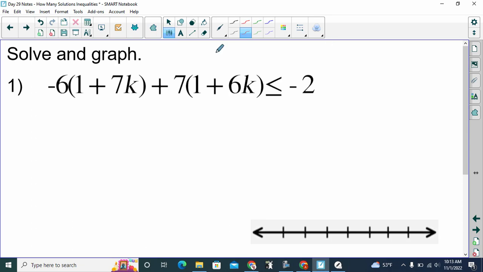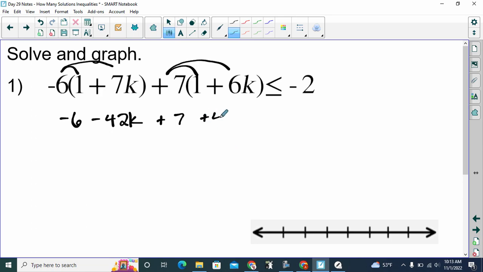Hopefully we recognize we need to start by distributing. Let's distribute this negative 6. Negative 6 times 1. Negative 6 times 7k. Distribute the 7. 7 times 1. Positive 7 times positive 6k.